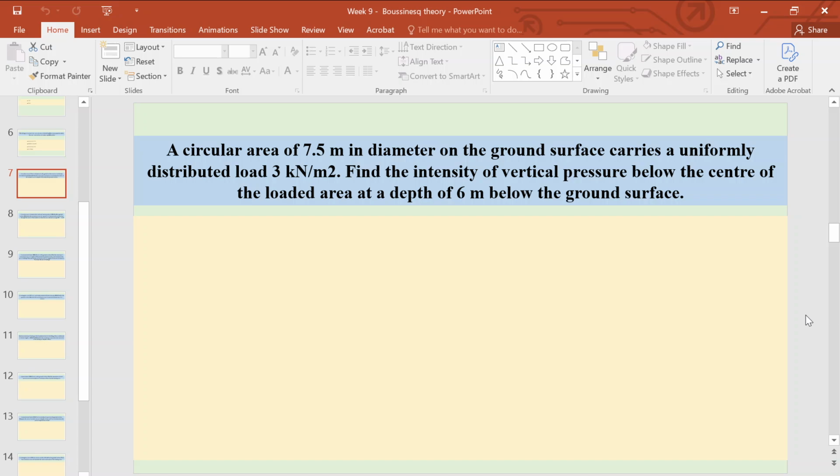Find the intensity of vertical pressure below the center of the loaded area at a depth of 6 meter below the ground surface. I hope the question was clear. I'll go to the next question.